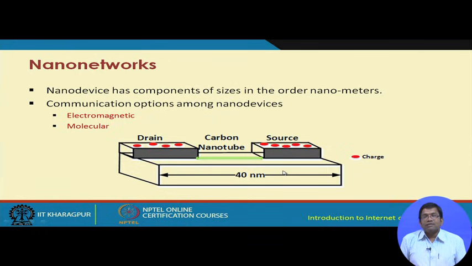So, as you can understand, one issue over here is to first design or fabricate nano sensors. Similarly, it is also required to design and fabricate other nano devices like nano actuators, nano power sources, and so on.